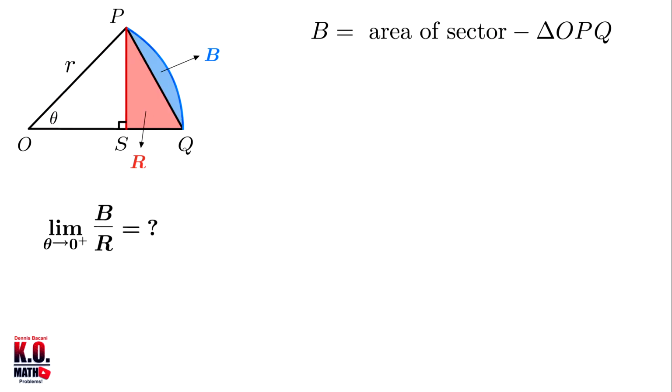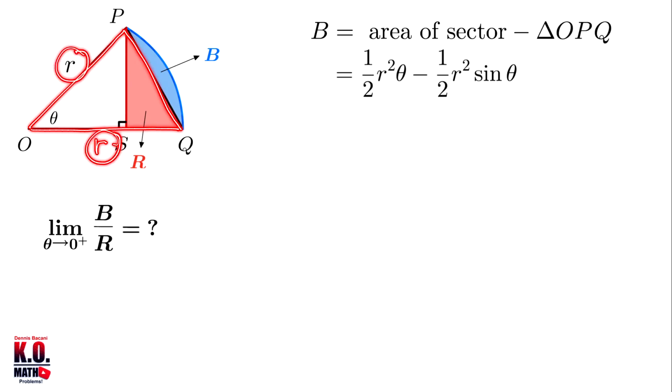Now, because this sector here has radius R, then the area of this sector is equal to 1/2 R squared times theta. Note that theta here is in radian measure. And because this segment here also has a length which is equal to R, then the area of this triangle OPQ is equal to 1/2 times R times sine of the included angle, which is equal to theta.